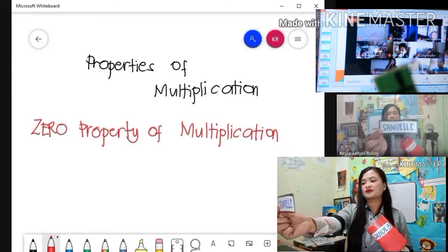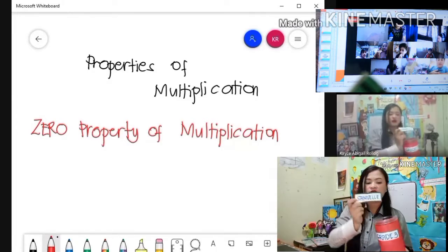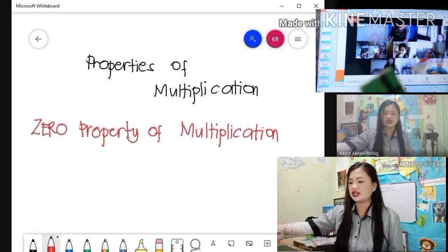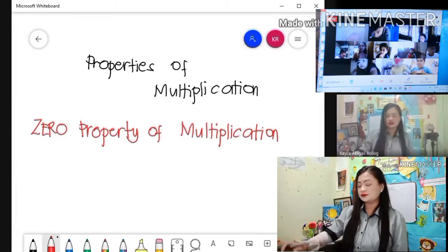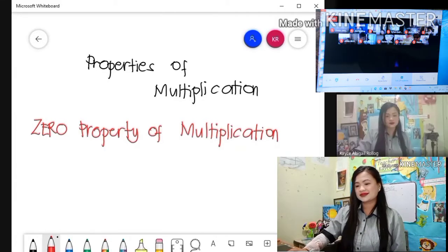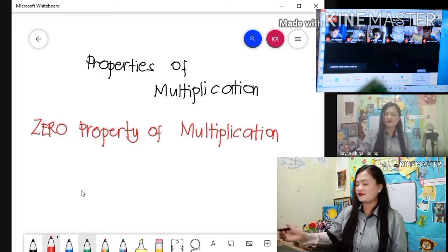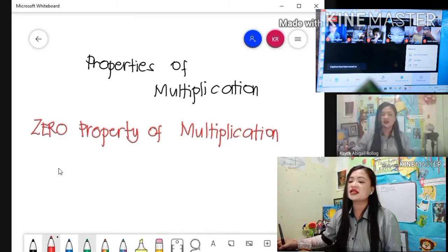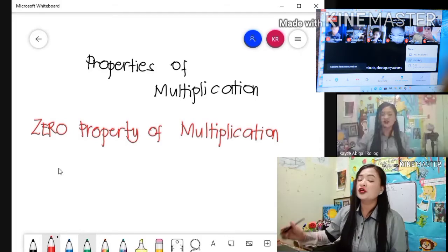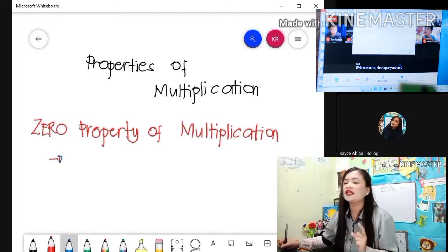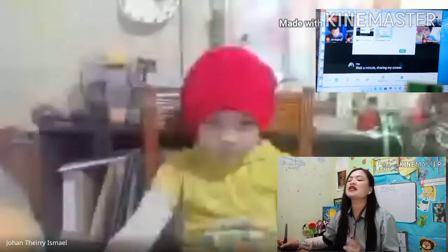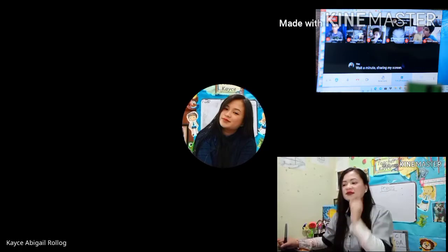Samuel, what is zero property of multiplication? Anything multiplied by zero. Okay, very good. So when we say zero property of multiplication, any number you multiply by zero, the answer will always be zero.